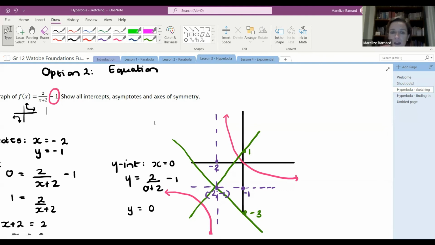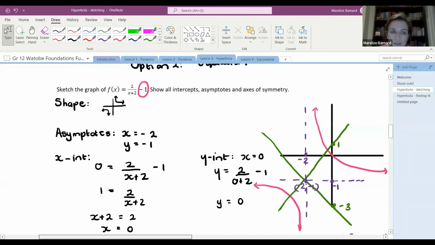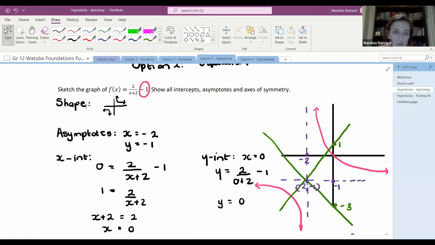Okay, I hope everyone got their hyperbola correct. There was another question here about what we need to have in order to sketch a graph. So like we need the x-intercept. I think that's what we've been doing this lesson and in previous lessons. This is what you need: the shape, the asymptotes, x-intercept, y-intercept, and axes of symmetry for a hyperbola.